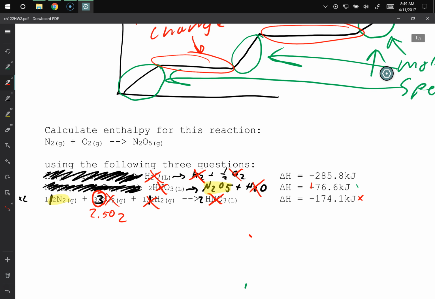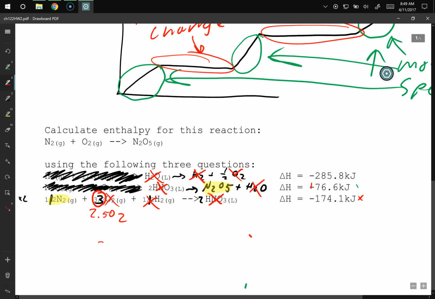The oxygen down in the bottom was supposed to be a half, I think. No? Six halves is 3. Yeah, okay.